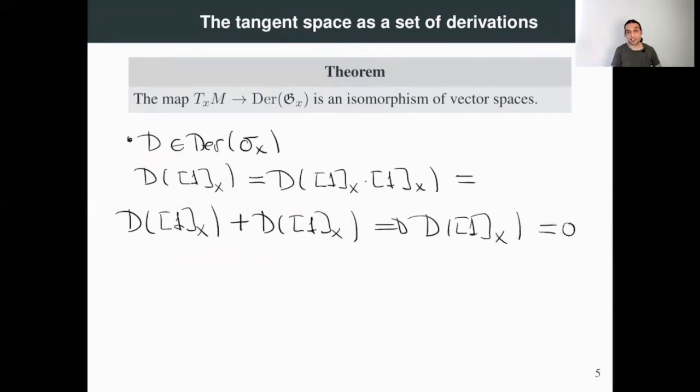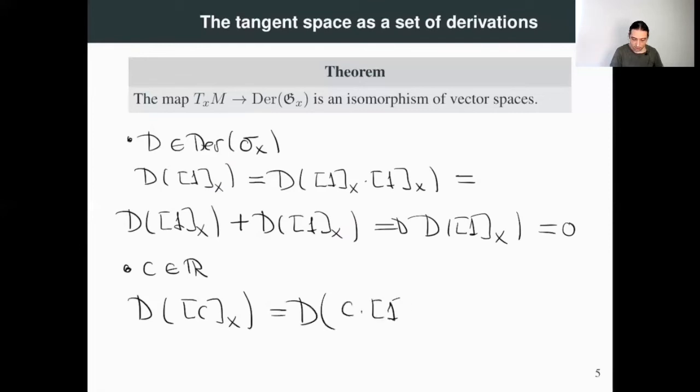Indeed, we can extend this result to functions that are constant. If we fix now a real number c and we consider the result of applying the derivation to the constant function equal to c, this is the derivation of c times the constant function 1, and this is c times the derivation of 1, which is 0.